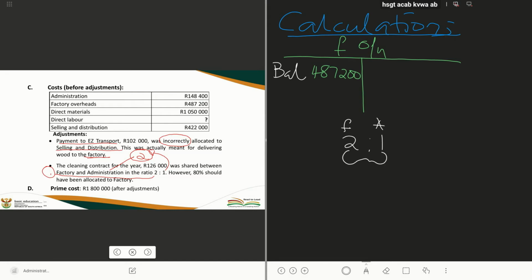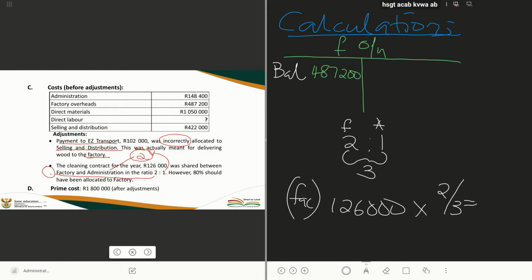You have to add the 2 so that you check the portion. So all in all there were 3, then 2 portions go to factory, 1 portion goes to admin. How much was that? It was 126,000. So let's check how much went to the factory. So it is 126,000 times 2 divided by 3. Remember, this one is for factory.